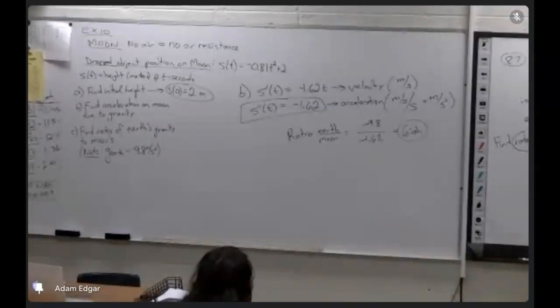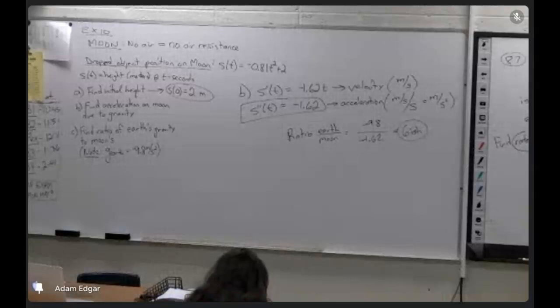Plug in 2. So that's T prime of 2. When we plug in 2 for our time, what do we get? Anybody have that yet? No? I factored out 20 or 2? 30,000. Okay.